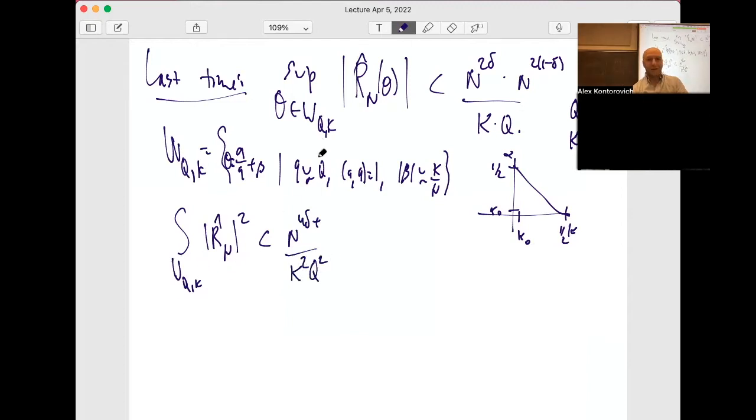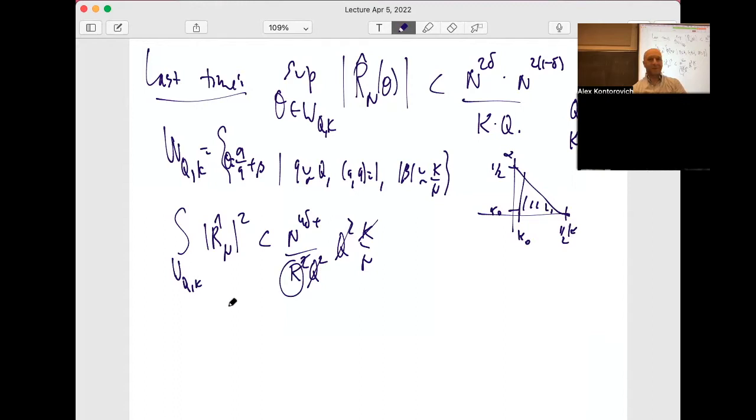And the length of this sum is q squared times k over n. And so the q's are gone, one of the k's is gone, and I've saved a k. Okay, so this is little o of n to the 4 delta minus 1 with this factor k. So as long as k0 is at least a little bit something, we win.